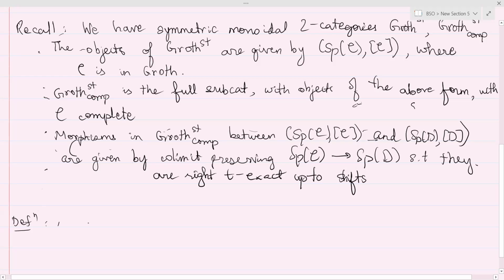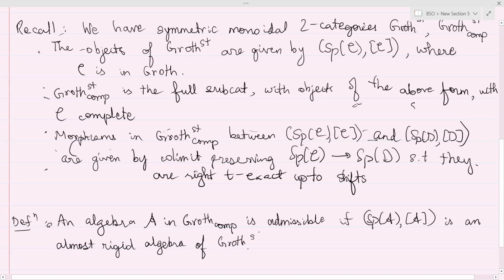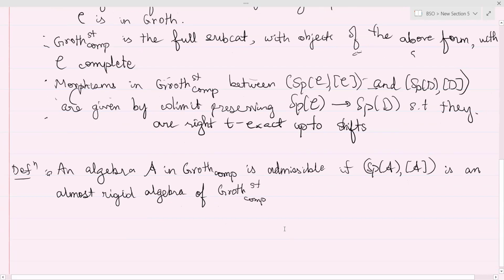So an algebra A in Groth-Comp is admissible if it is an almost rigid algebra of Groth-ST-Comp.